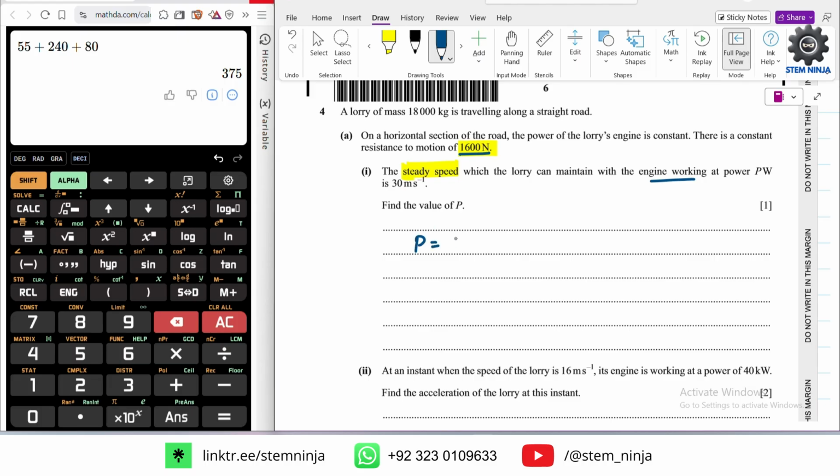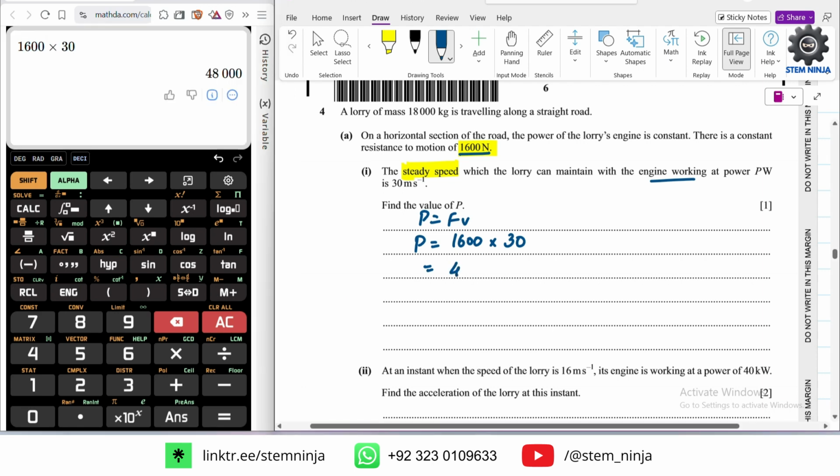P is equal to 1600 times, for speed, we simply use 30. So 1600 times 30 is 48,000 watts.